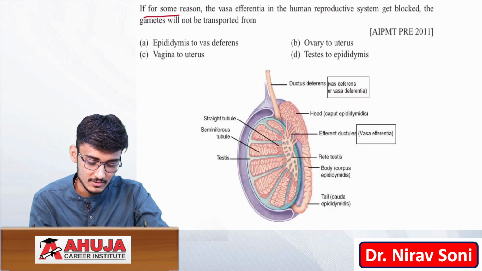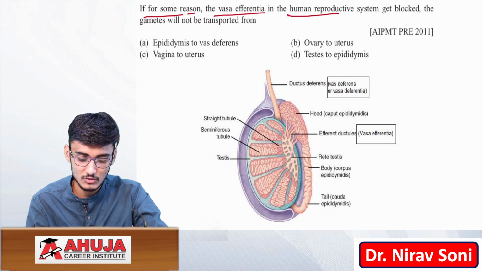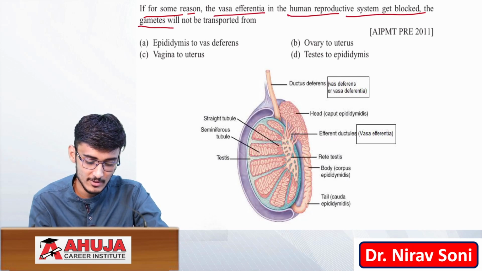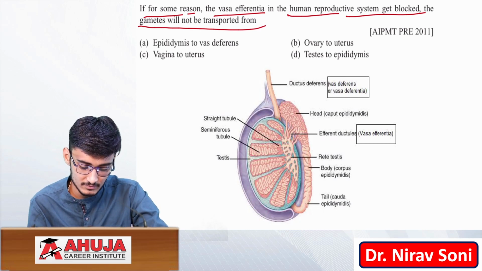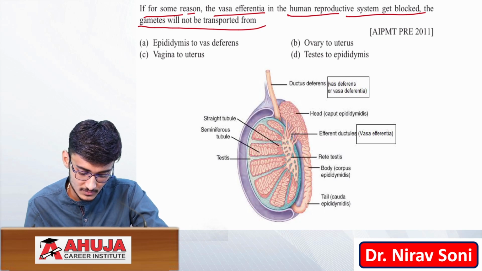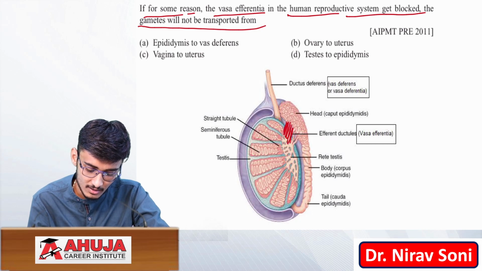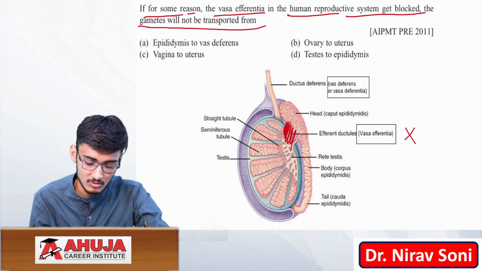If for some reason, this is called an application based question, the vasa efferentia in the human reproductive system get blocked and the gamete will not be transported. You can see the figure and find out the correct option. Vasa efferentia in the human reproductive system get blocked.